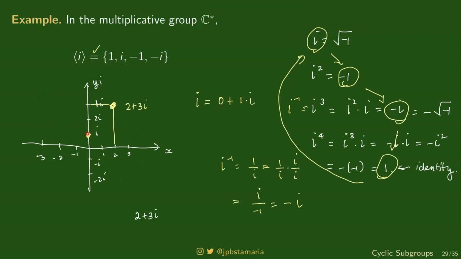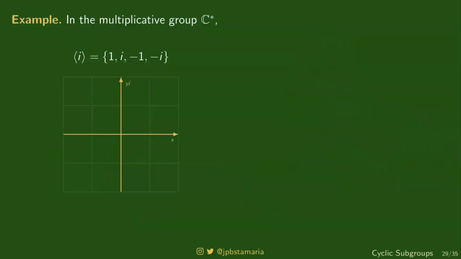Yung minus 1 is here, minus i is there. So kung mapapansin nyo, yung apat na powers ng i ay ito. Ito yung 1, i squared is this, at ito yung i cubed. Ang i to the fourth ay babalik na sa 1.